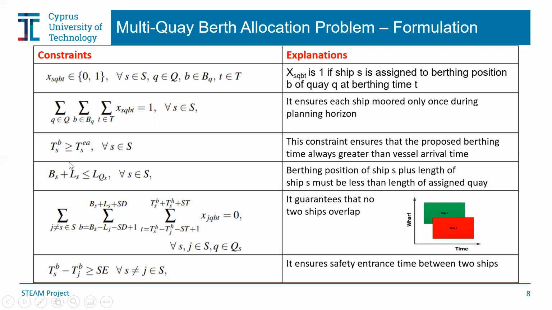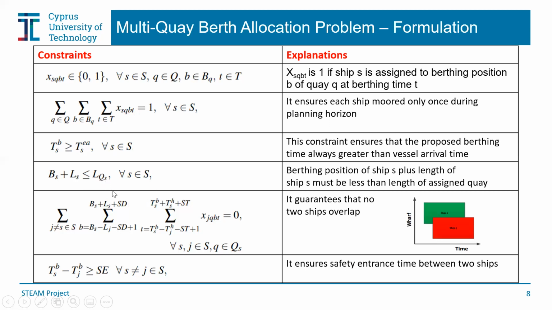The third constraint ensures that the proposed berthing time must be greater than or equal to expected time of vessel arrival. And the next constraint ensures that the berthing position of ship S plus length of ship S must be less than or equal to length of assigned Q.